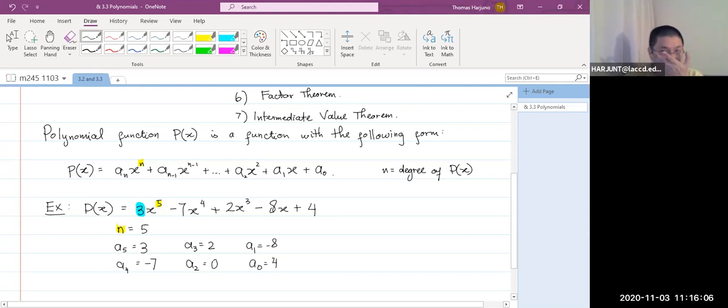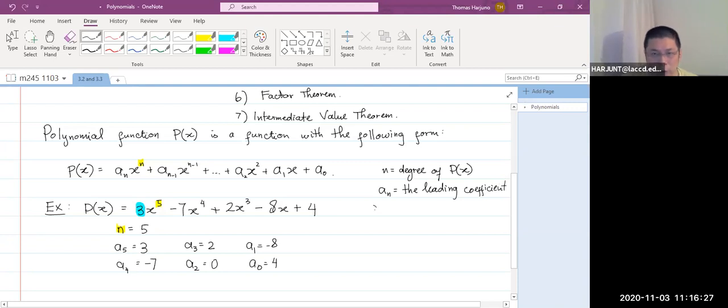Okay. Now, if n is the degree of P(x), then a sub n is the leading coefficient. We call that the leading coefficient. The coefficient for the term with the highest degree is called the leading coefficient.